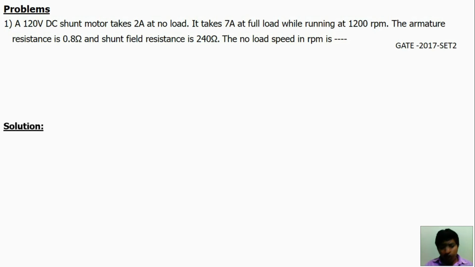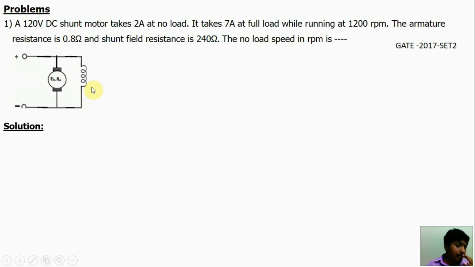So we know the circuit diagram, the equivalent circuit for the shunt machine. Armature and field windings are connected in shunt, in parallel. The shunt field resistance is 240 ohms. Armature resistance is 0.8 ohms. Input 120 volt DC is given. At no load, it takes 2 ampere.